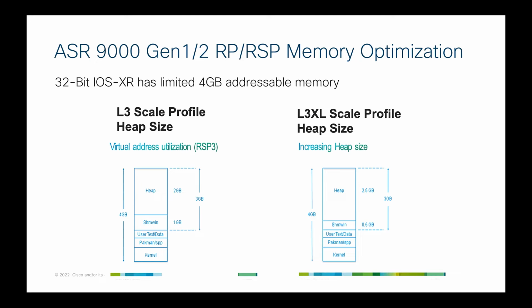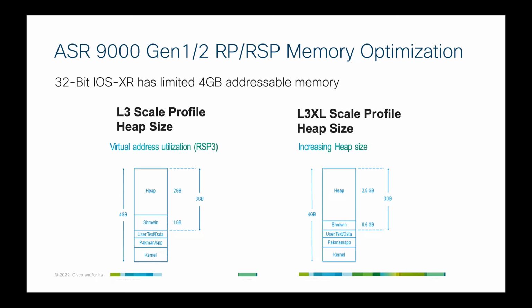Looking at the different ASR 9000 generation systems, we can start with generation 1 and 2. First thing first, you need to keep in mind that generation 1 and 2 is still the 32-bit IOS XR base. That means the addressable memory space is limited to 4 gigabytes. And some processes, especially BGP, need to support a larger scale profile, for example Layer 3 VPN support.